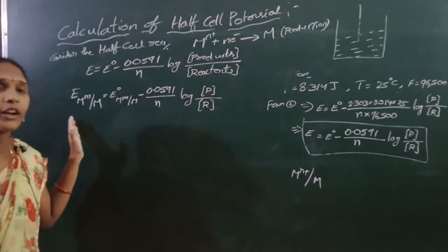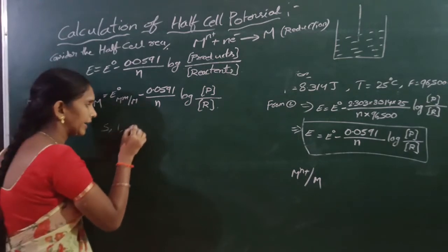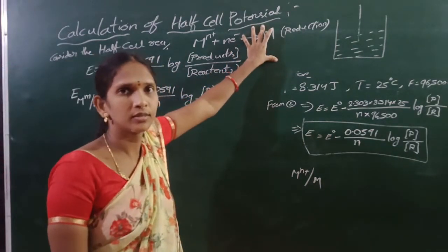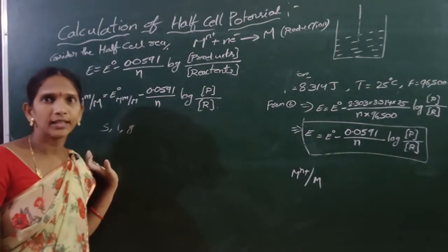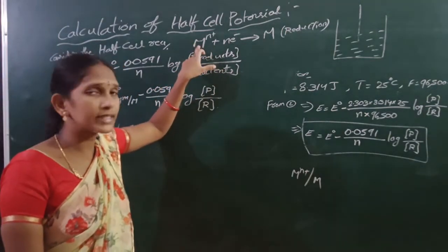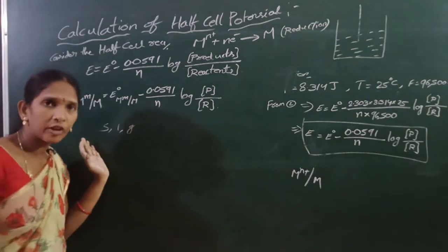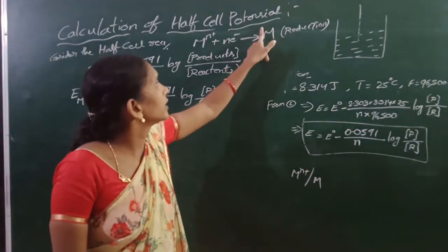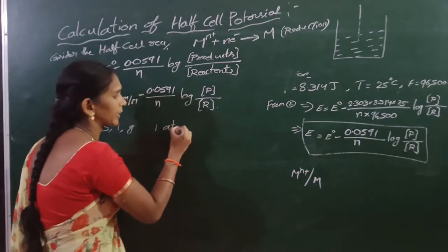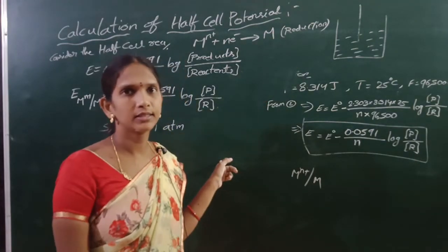For solids, liquids and gases at 1 atmospheric pressure, the concentration is taken as unity. In the cathodic half cell, this is the electrode and this is the electrolyte solution.